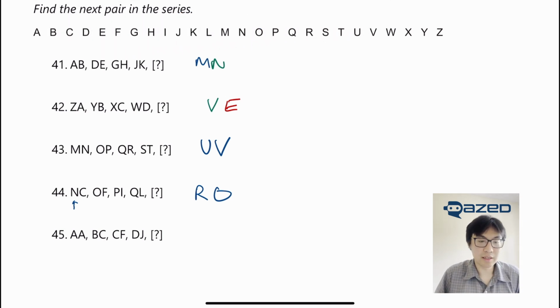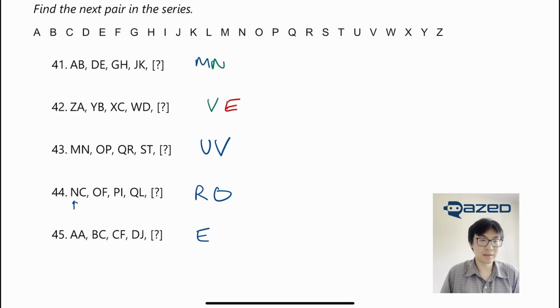Here we see a little funky pattern going on. So it goes AA, BC, CF, DJ. The first letter seems to be following a very simple pattern. So we have A, B, C, D, E. So we know E. Now let's see what's going on with this other funky pattern. It goes like this.